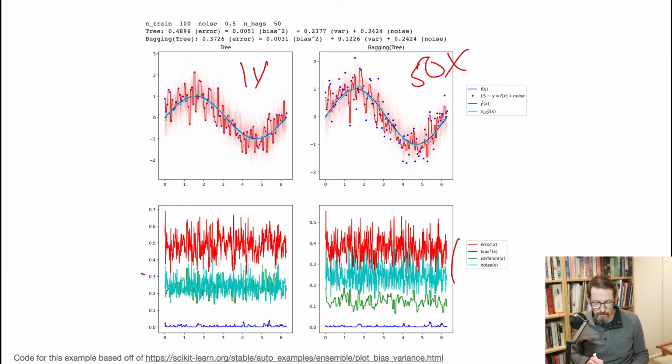In this case, the irreducible noise actually goes up a little bit, and it's what's absorbing that. So you'll see that the bagging tree actually has a slightly lower bias than the plain old tree. Both bias and variance are going down in this case. So the bias-variance trade-off is not a deterministic thing. Other terms can absorb it, including the irreducible noise floor.